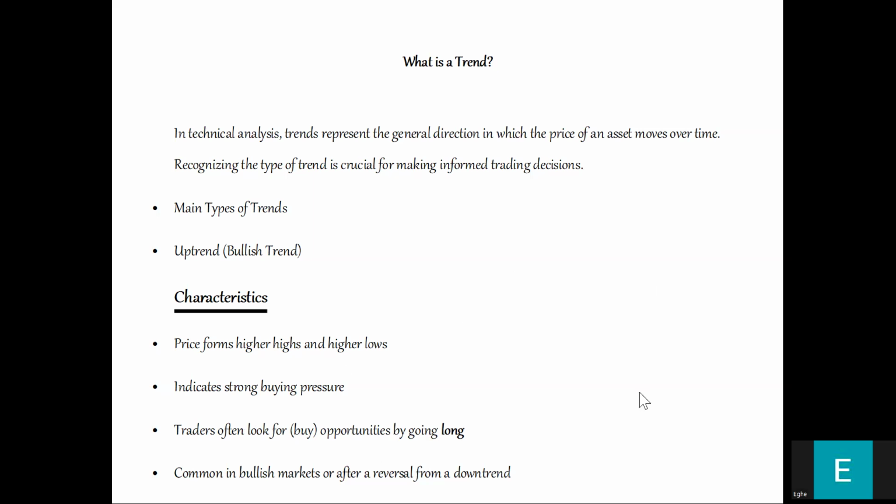And anytime the trend is bullish, the only thing you should be looking for is a buying opportunity, how to buy. So when a trend is bullish, you don't look for a sell opportunity, except maybe you just want to short the pullback.